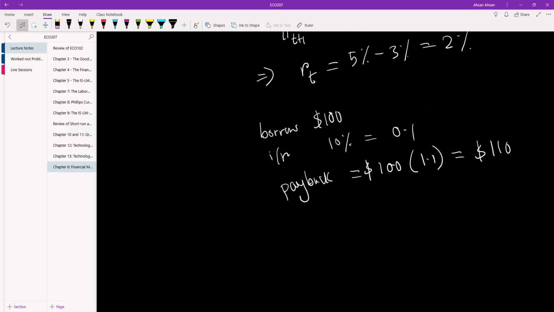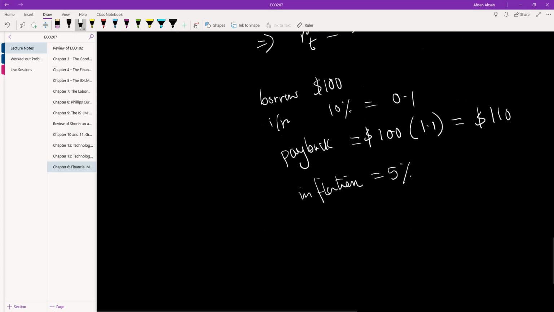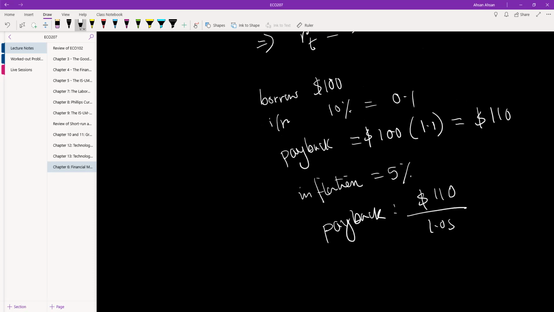However, there has also been an inflation, let's say, of 5%. So if we adjust for that, what will our payback be? Payback is going to be 110 divided by 1.05, which is, what will we get?